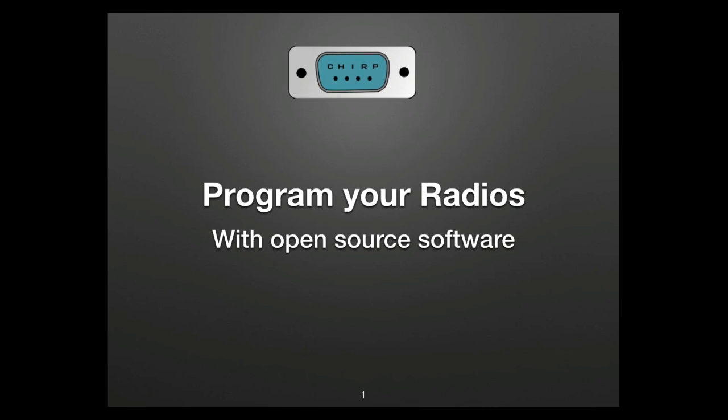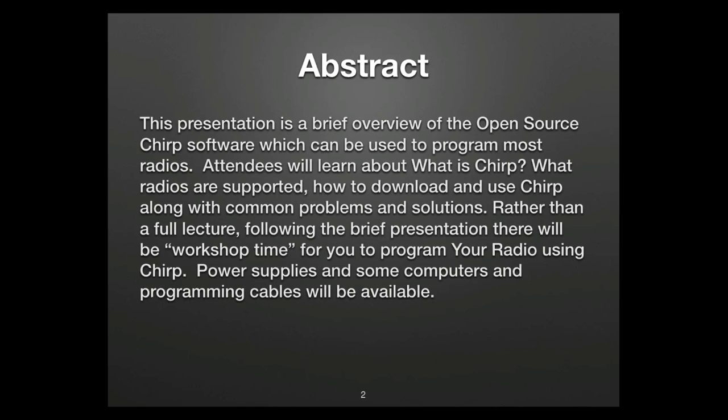Not necessarily all of them, as Mike mentioned. We'll talk about what is and isn't supported, because otherwise we get bogged down for about 3 hours trying to answer all those individually. So this presentation is an overview of the open source CHIRP software, which, like I said, can program most radios.